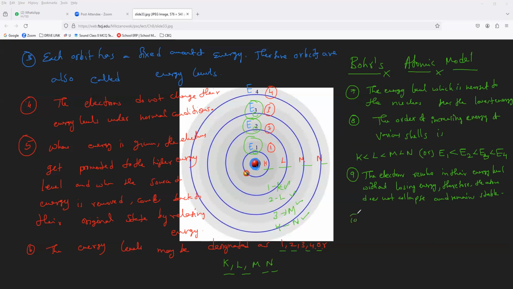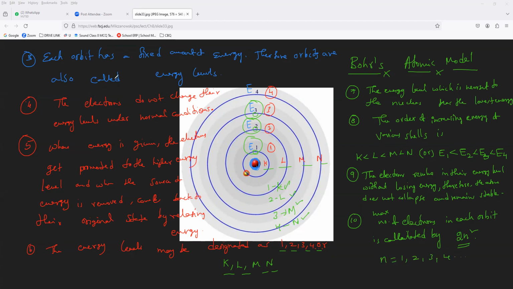The maximum number of electrons in each orbit is calculated by 2n square. What is the formula, everybody? 2n square, where n equals 1, 2, 3, 4, and so on.